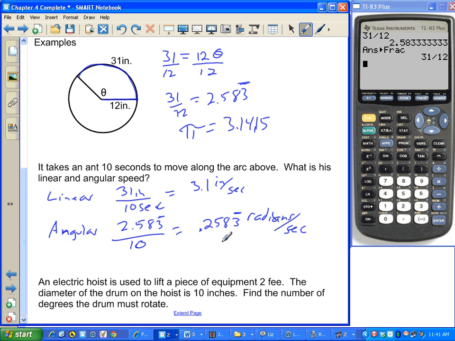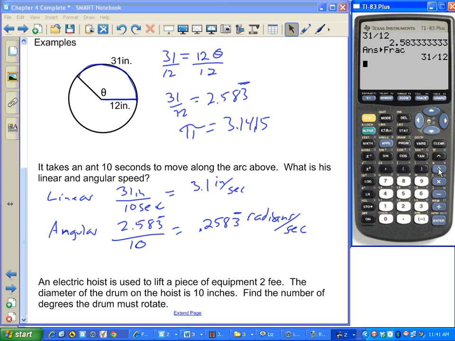So every second he's going 0.25 radians, which would be, if we take that as a fraction of pi, so divide by 10, and then divide it by pi. So it's about 8/100ths of pi. So every second he's moving 8/100ths of pi.